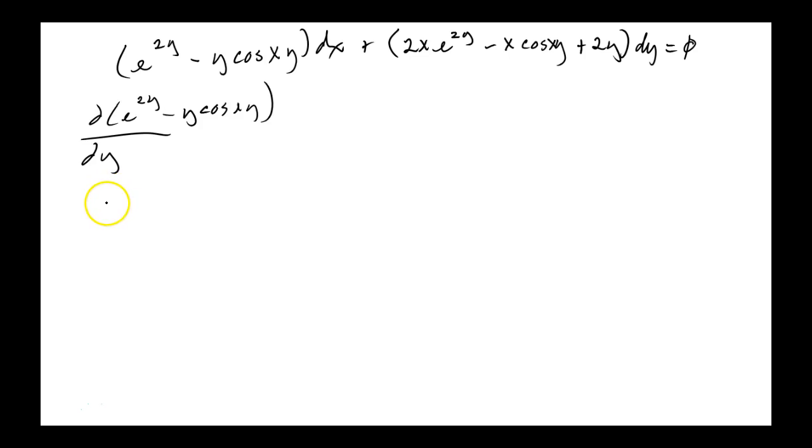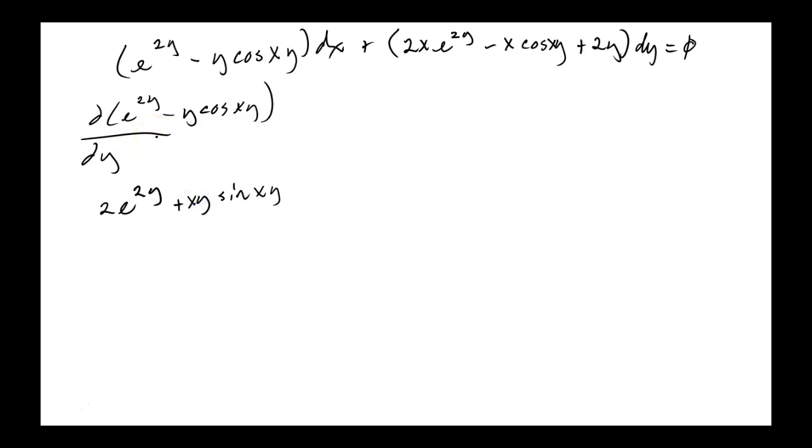What does that become? 2 e to the 2y minus, product rule, plus sine xy times x.